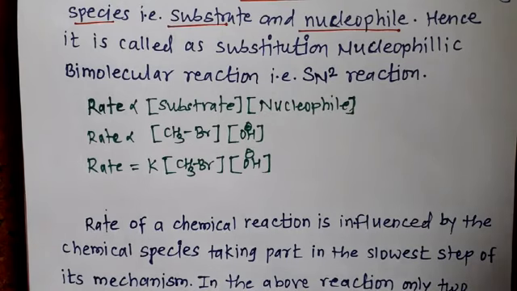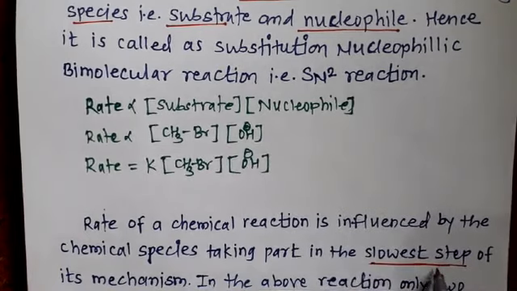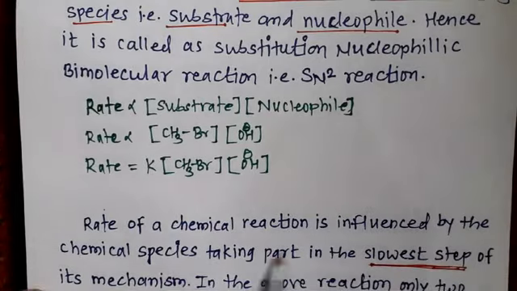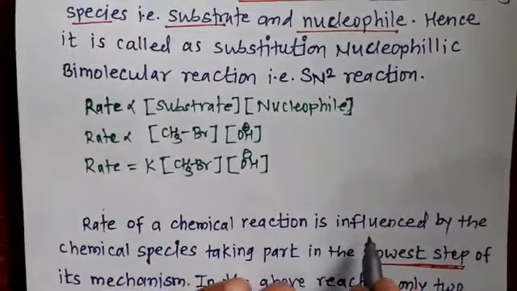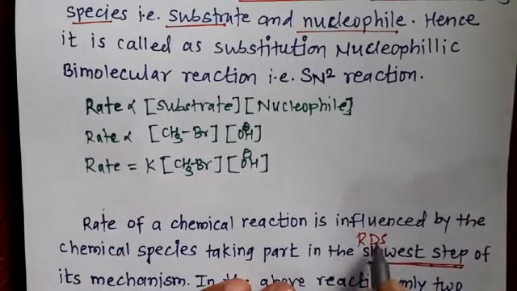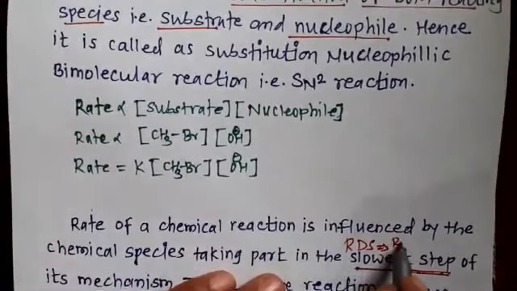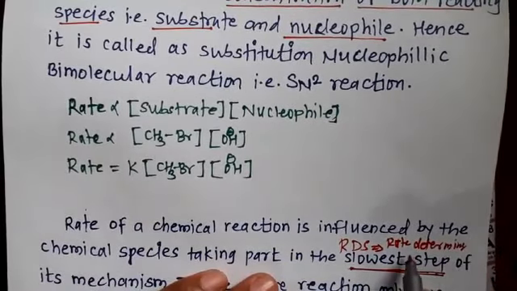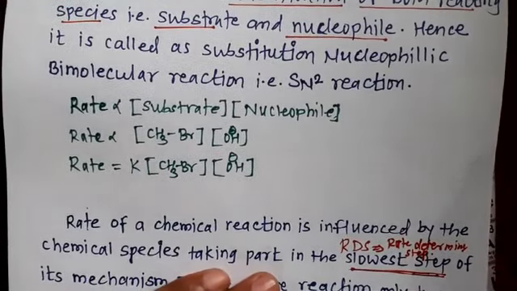In the above reaction, only two reactants are present, and both reactants are present in the slow step, and both influence the rate of reaction in this slow step. Hence this slow step is also called RDS, that is rate determining step.